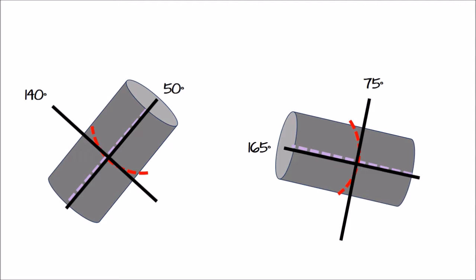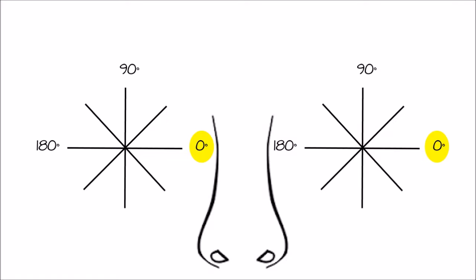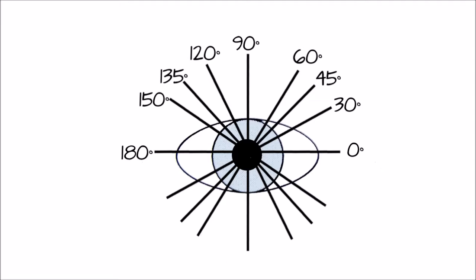So they may have different angle measurements, but they'll always be 90 degrees apart. So when we refer to these directions or meridians, we start with 0, which is going to be on the patient's left side, regardless of whether we're talking about their left or right eye. 0 is always on the patient's left, and then we go counterclockwise around to the 180 position.